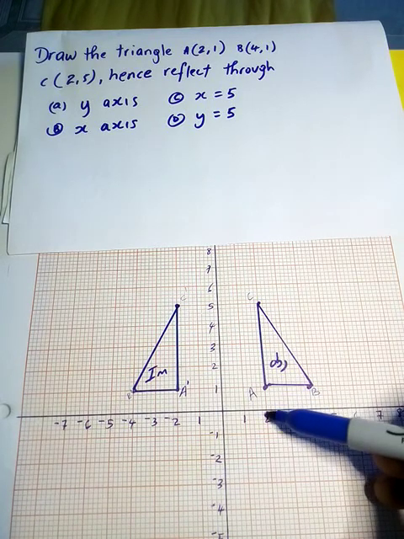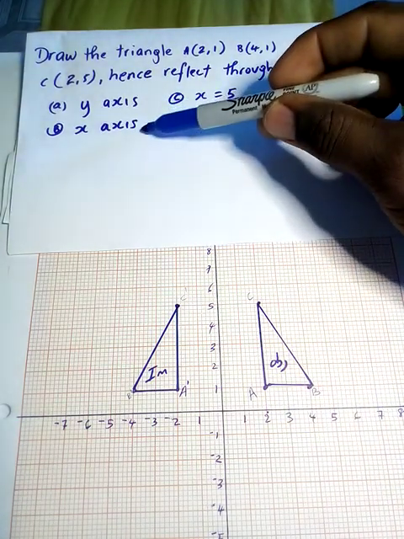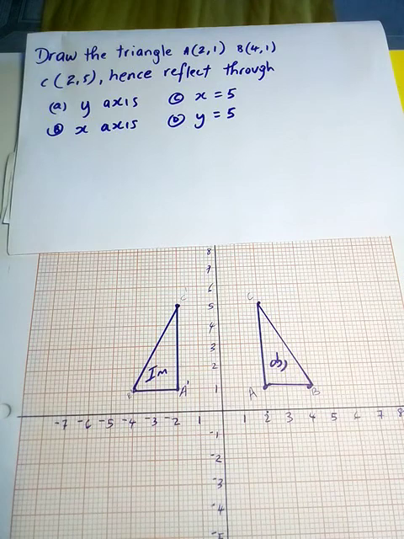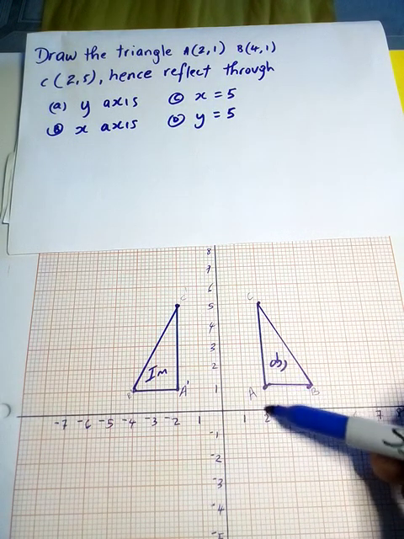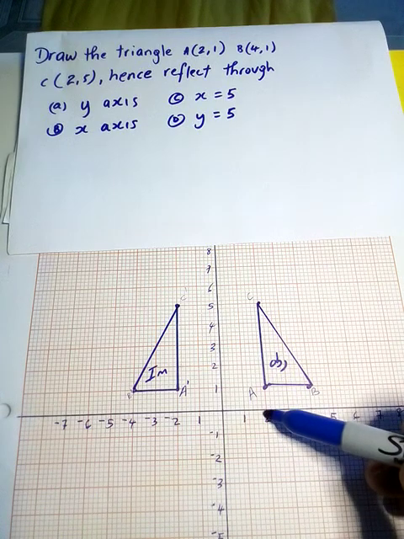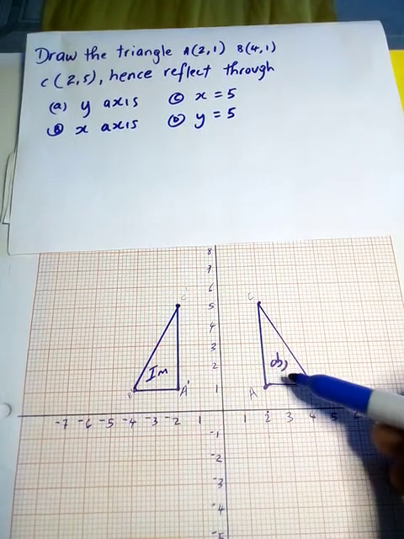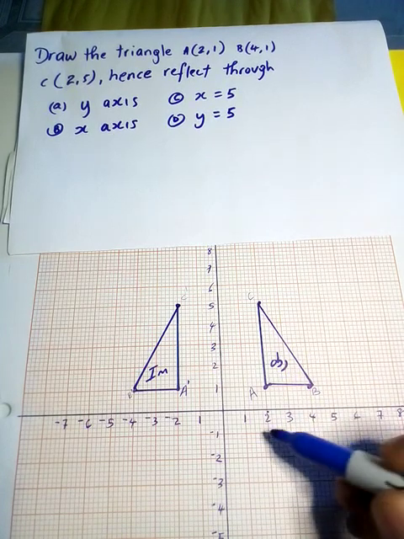object point A here. So we're doing B now, we're reflecting through the x-axis. So this is the x-axis, so this is now the mirror line, or the axis of reflection line. Since point A is 1 space away, that means A prime prime, because this is A prime, so this is a second image. We're reflecting another image.